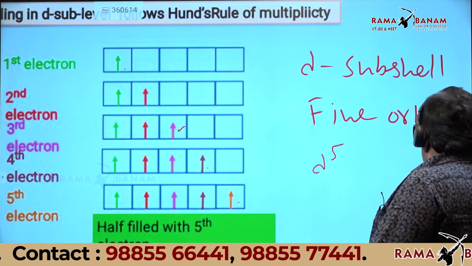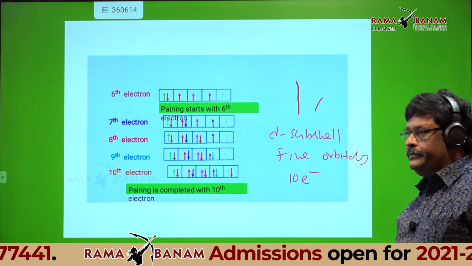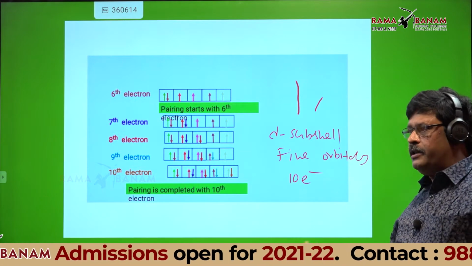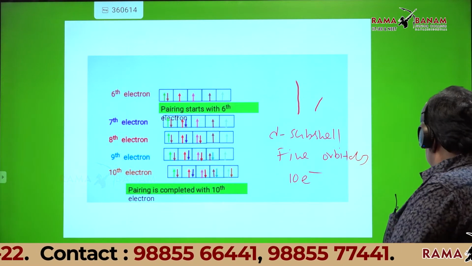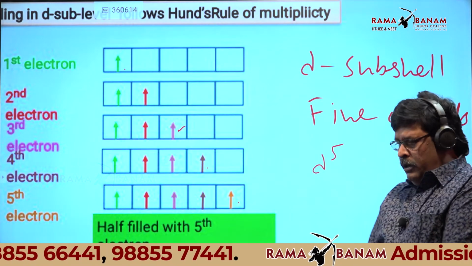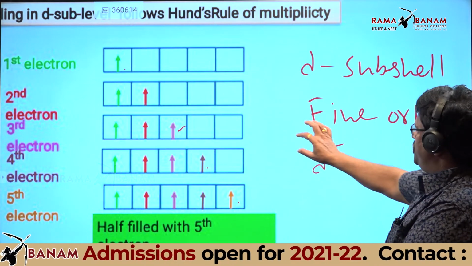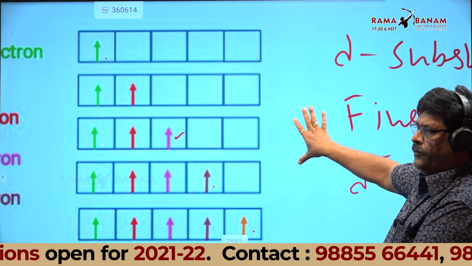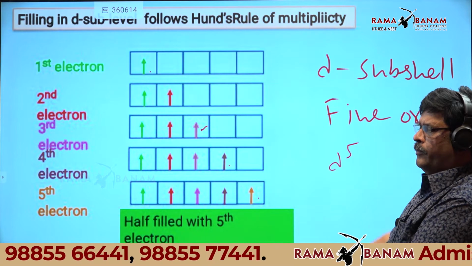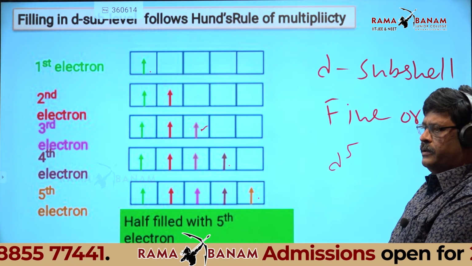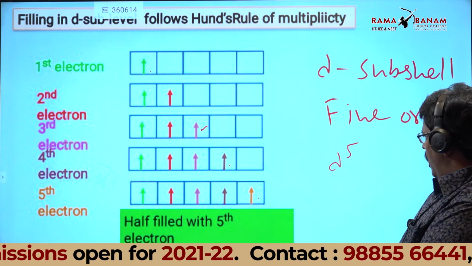So what it means? Go to the next slide. This is 3d5, half filled with the fifth electron.